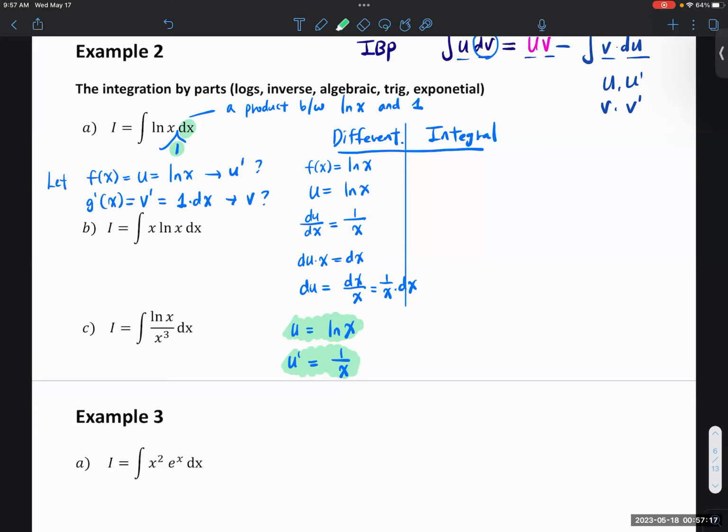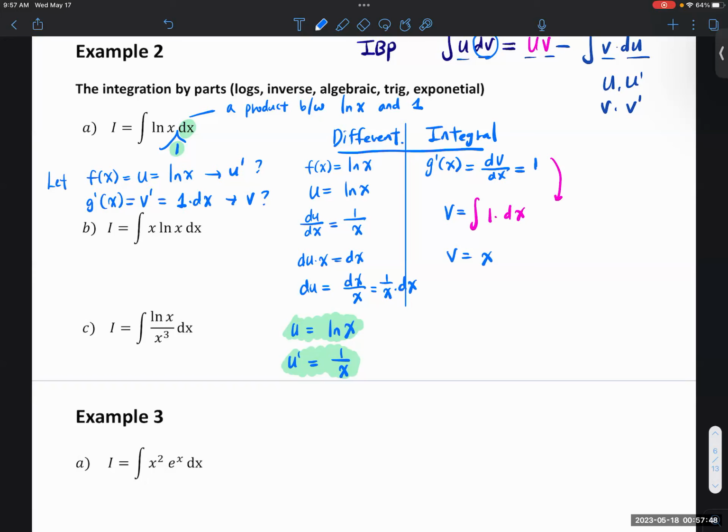Now let's go to the second function v. So we have g prime, which is v prime. That means dv over dx is already given as 1, correct? To find out the v information, don't forget to take the integral of 1 dx. So therefore, v equals x.